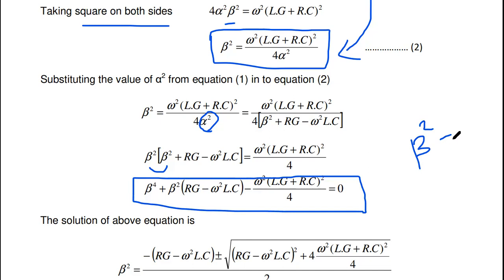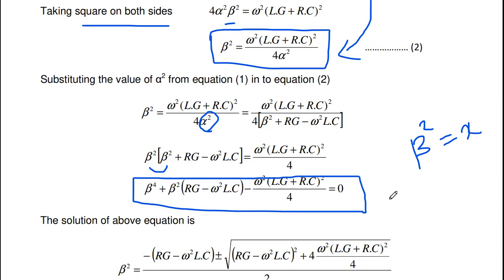In order to make it a quadratic equation, consider beta squared as a variable x. So this equation is x squared plus x into a constant minus a constant equal to 0. This is in the structure of ax squared plus bx plus c equal to 0.